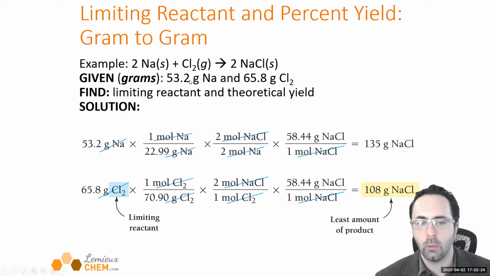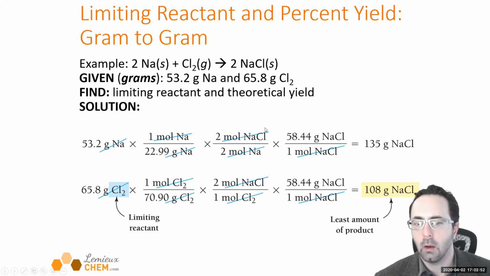So here we're starting with 53.2 grams of sodium. We're going to put the grams of sodium and the molar mass on the bottom so they cancel. This many grams is 1 mole of sodium. Then step 2, we use the balanced equation: 2 moles of sodium, with the moles of sodium at the bottom so they cancel, makes 2 moles of sodium chloride.